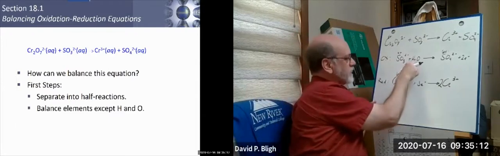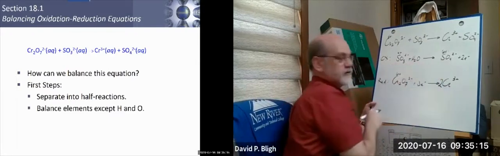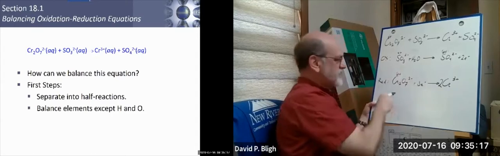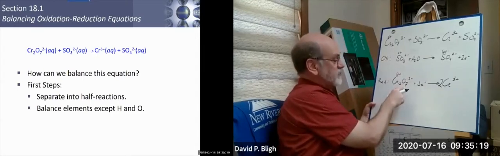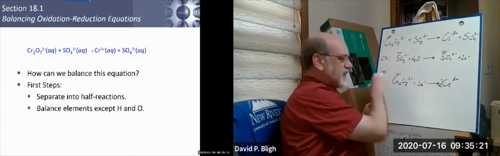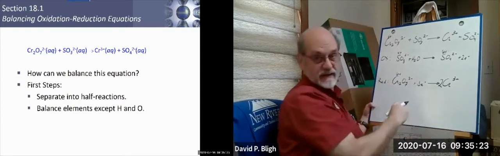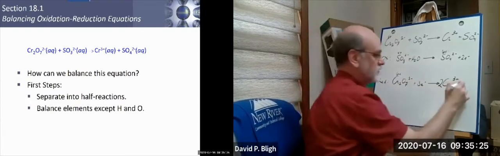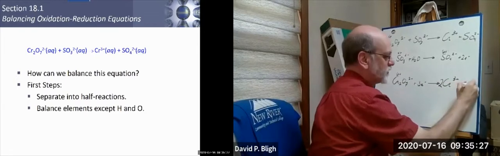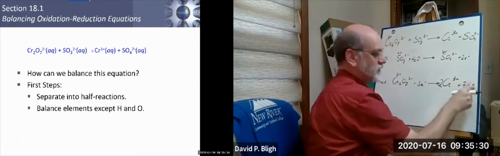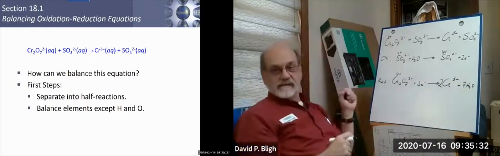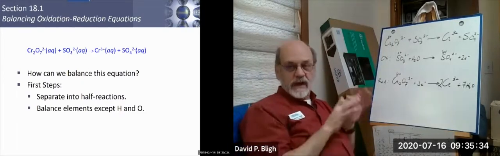Okay, so now we have 4 oxygens, 4 oxygens. How about this side? Well, we got 7 oxygens here that have to show up on this side to balance them. So we need 7 waters here to give us 7 oxygens. Okay? So now we got the oxygens balanced.